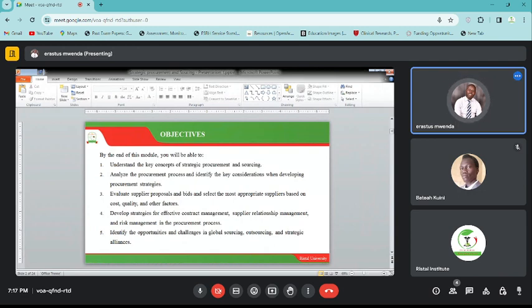Procurement and sourcing is an issue that is really bringing a lot of problems for companies. There are customers that the moment you tell them an item is not available, then they will look for the next available shop or organization or supermarket to get that item. So if we do not get it right in terms of strategic procurement and sourcing, then it is a recipe for loss of customers, and we have to be keen on that.